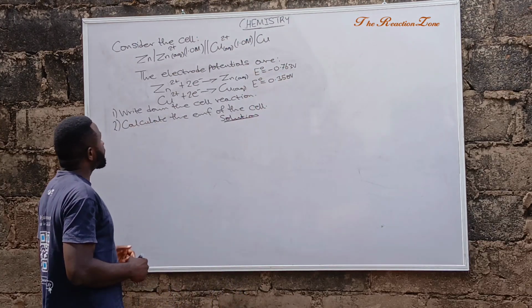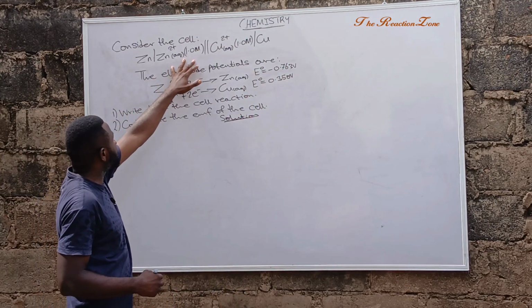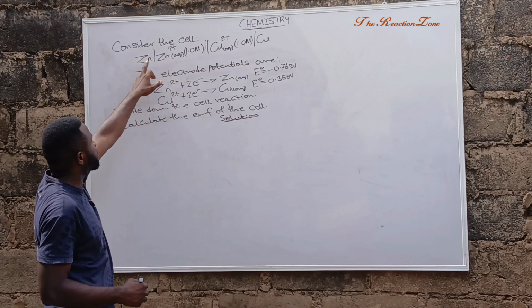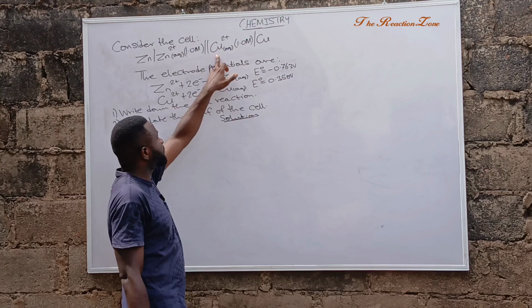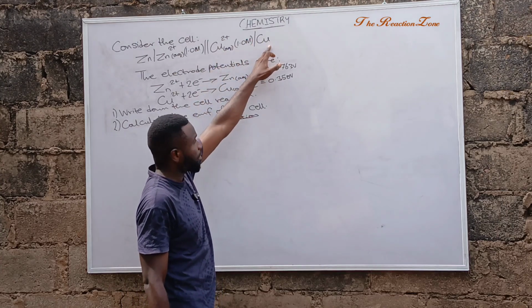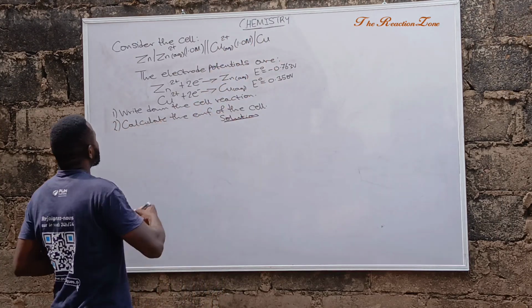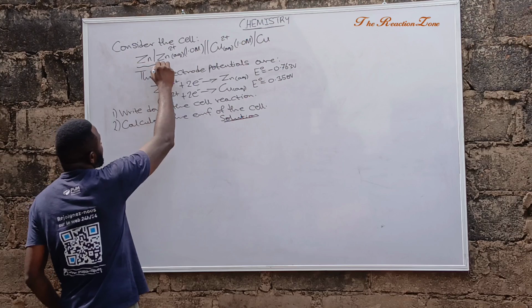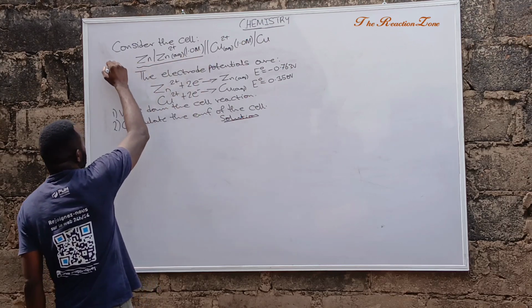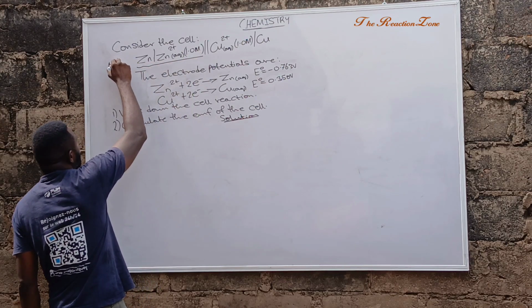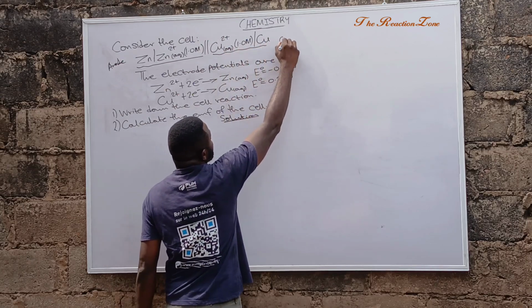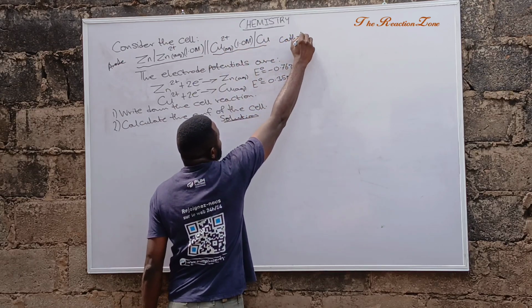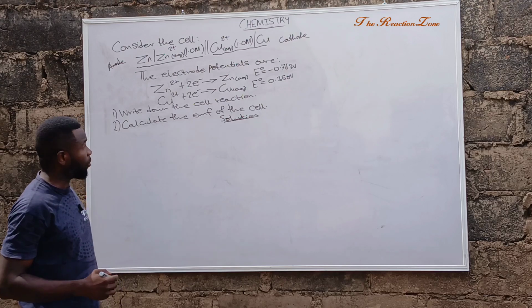But when you look at the cell, you can see that zinc atom is losing electrons to give zinc ions, and copper ions are accepting electrons to give copper. So this half cell here is the anode, and this other half cell here is the cathode, and the anode is where oxidation occurs.